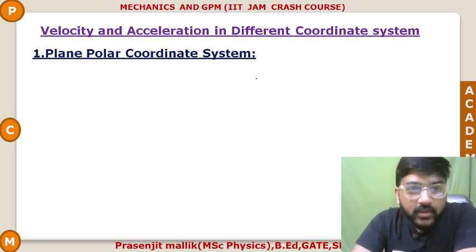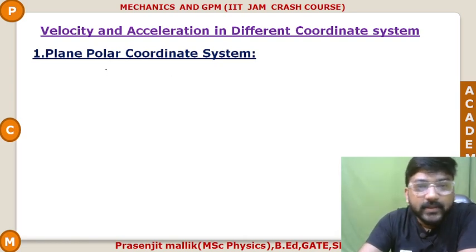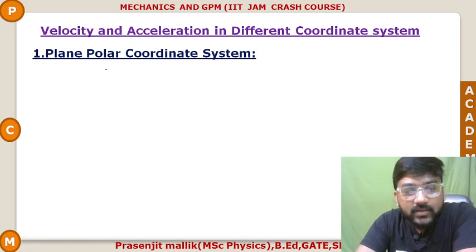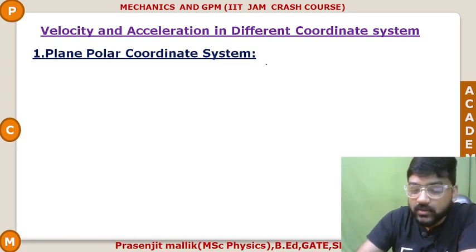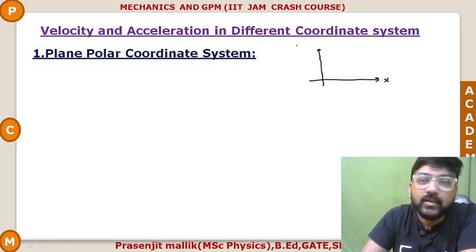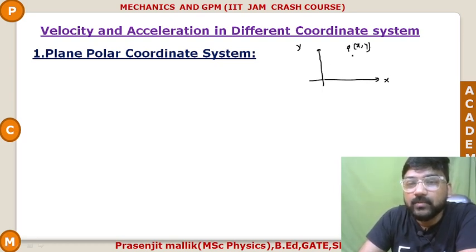In the plane polar coordinate system, we need 2 coordinates, and you know the relation between the Cartesian and plane polar coordinate systems. Suppose this is your x axis and this is your y axis, and we have a point P at x comma y, and the position vector of P is r.